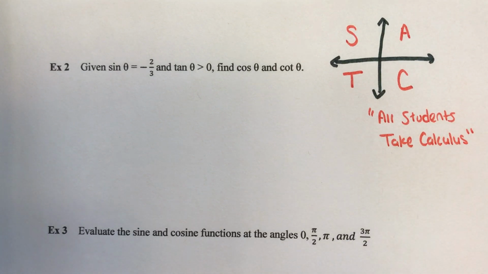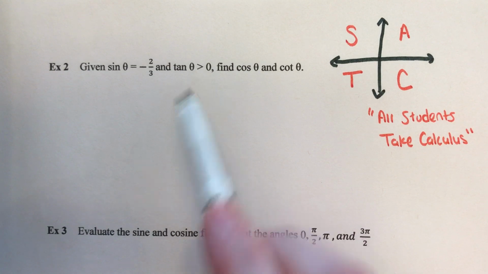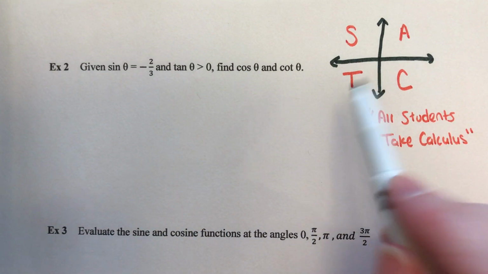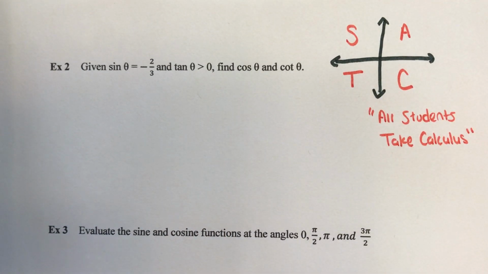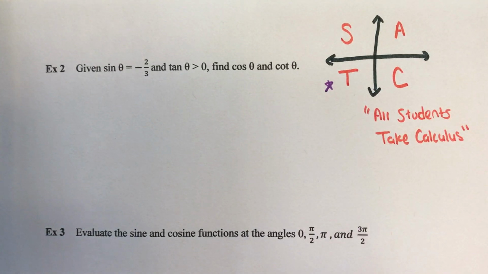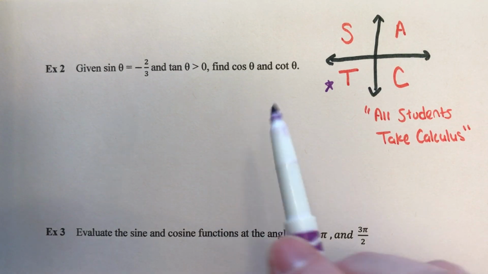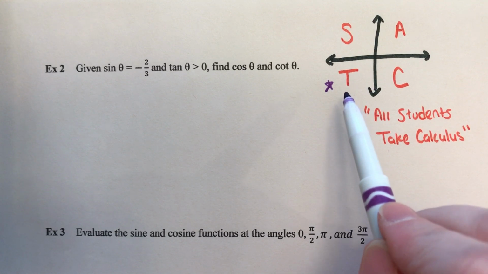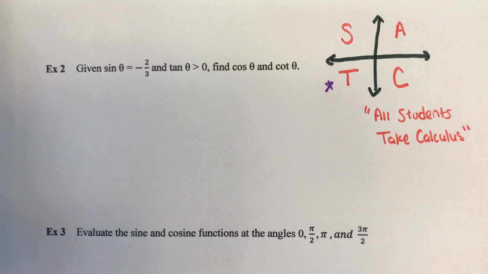So if we're looking at this example here, I want to know where sine is negative but tangent is positive. Well, that would have to be over in the third quadrant. I'll say that again. In the third quadrant, tangent is positive, but sine is negative.